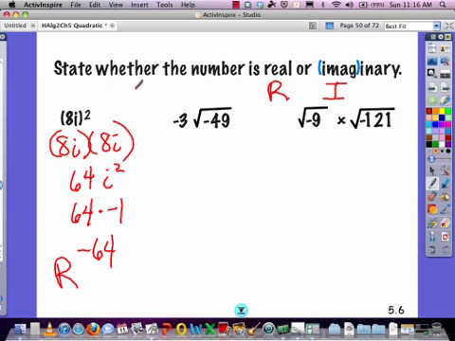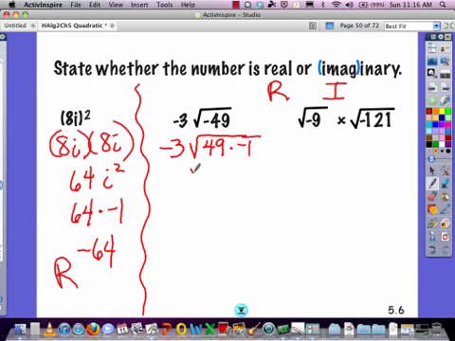All right, let's go to the next one. Negative 3 times the square root of negative 49. Negative 3 is a whole number out front. Let's analyze the square root of negative 49. Just like they did, we would take the whole number part times the factor of negative 1. You would then separate it in your thinking or on paper, your choice, and you would evaluate.